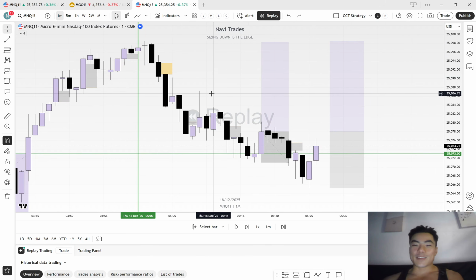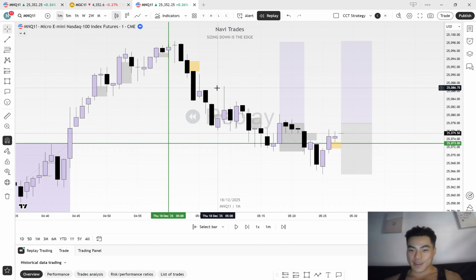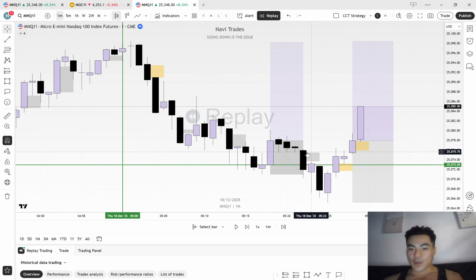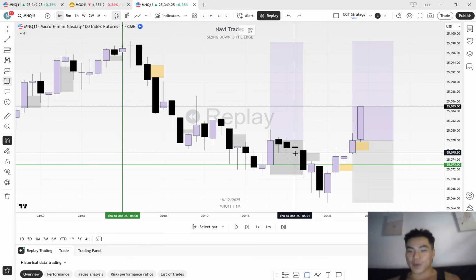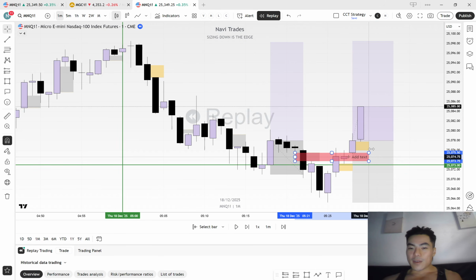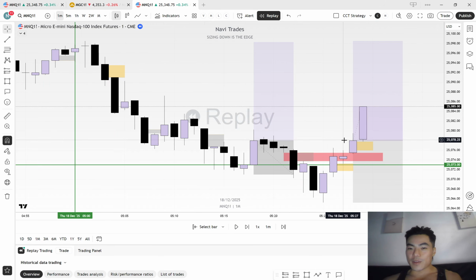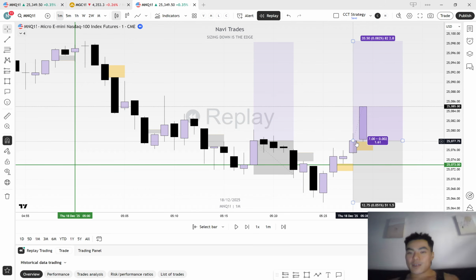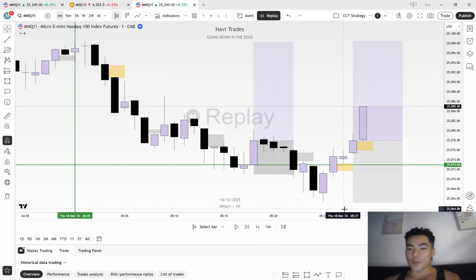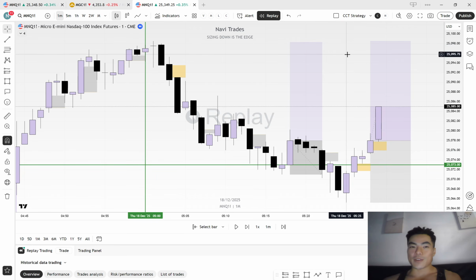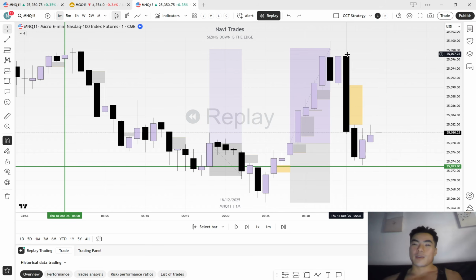But again, you might get another chance, and bang, there you go. See, we inverse this fair value gap here. All right, we finally close above it here. So that would be your entry, stop at the low, targeting those highs. Boom, there you go, that's 1.6R.